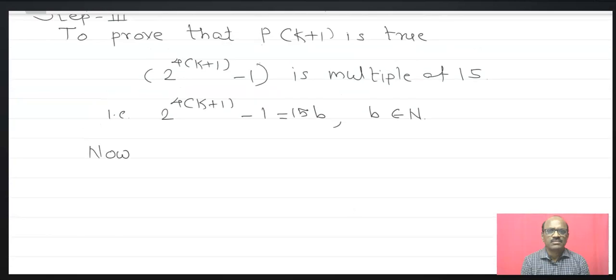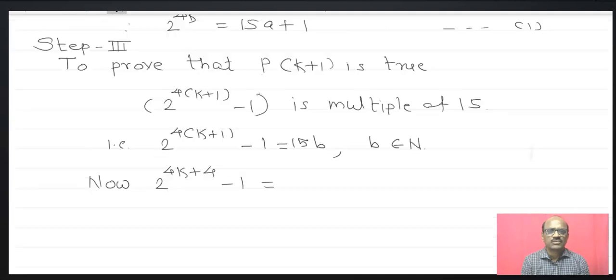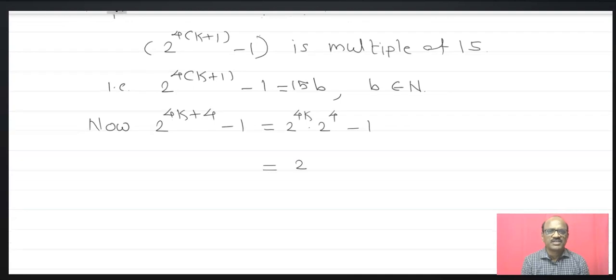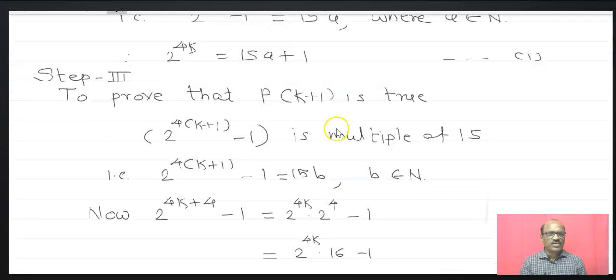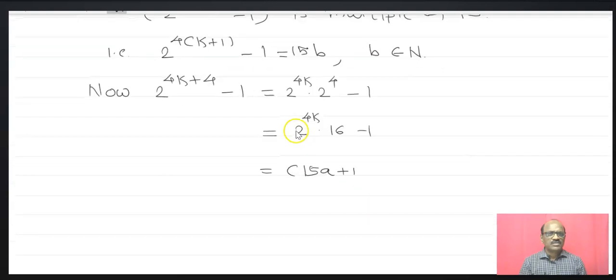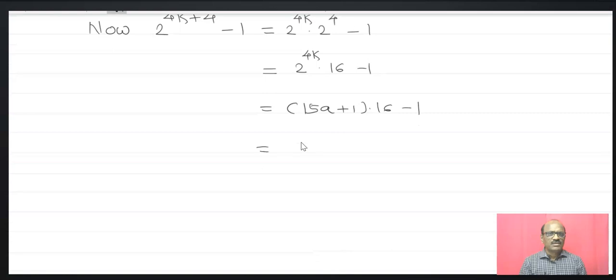Now 2 raised to 4k plus 4 minus 1 is equal to, we split it up, 2 raised to 4k dot 2 raised to 4 minus 1. We can write it in this manner: 2 raised to 4k times 16 minus 1. And what is the value of 2 raised to 4k?